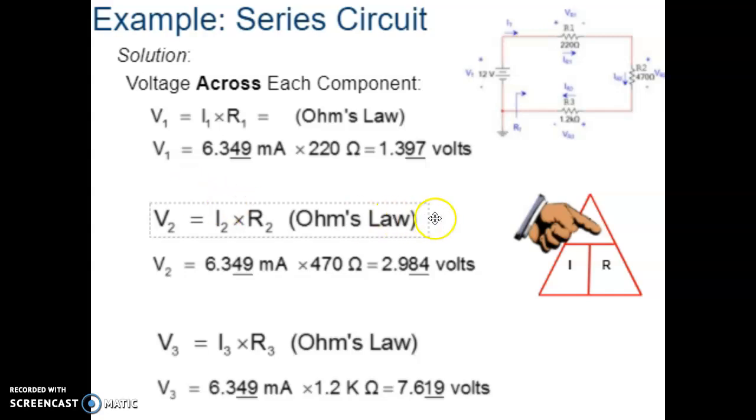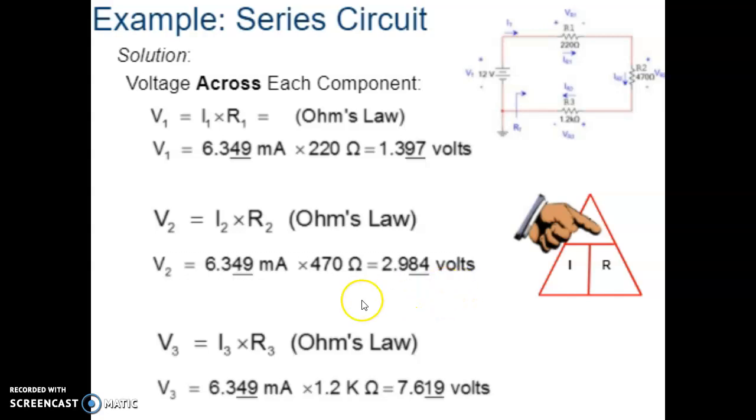Okay, so you're going to do that down here also with the second resistor. So you've got 0.006349 amps times 470, and that gives you 2.984 volts.